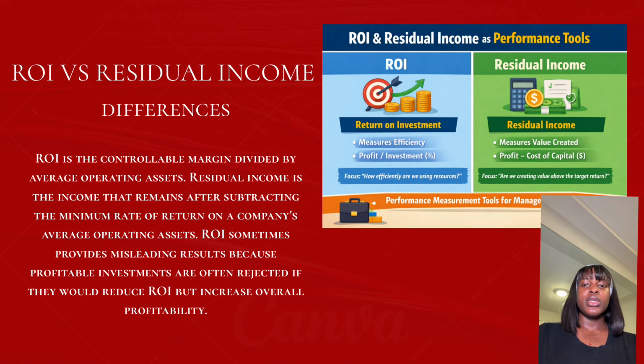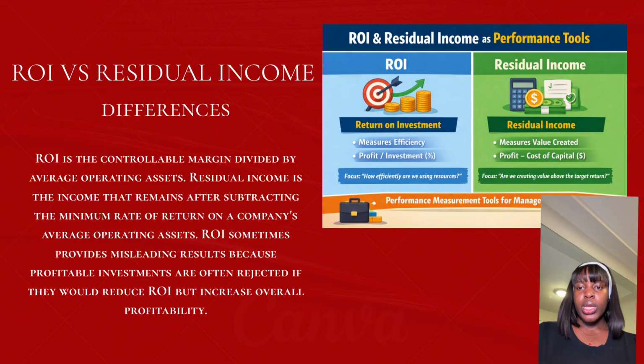ROI sometimes provides misleading results because profitable investments are often rejected if they would reduce ROI but increase overall profitability. Because ROI is a ratio, it allows managers to compare performance across divisions. It allows managers to compare against their competitors and also track efficiency over time.